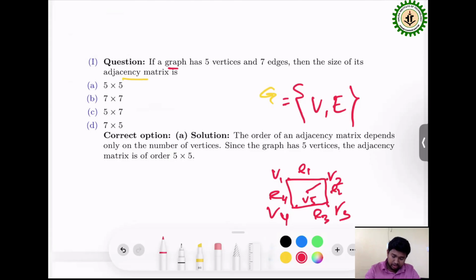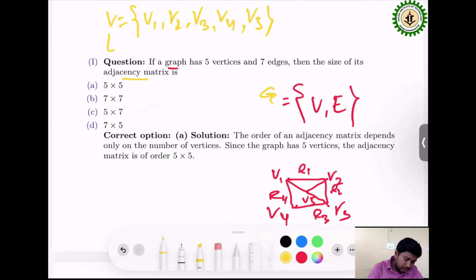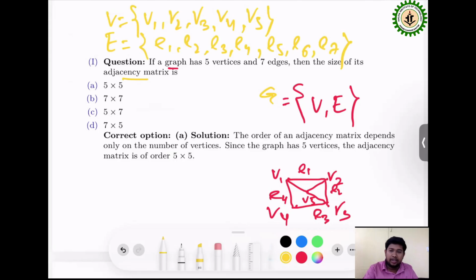We can draw some more lines to make this graph. The vertex set is V1, V2, V3, V4 and V5, and our edge set is E equal to E1, E2, E3, E4, E5, E6 and E7. So in this question the graph has 5 vertices and 7 edges.